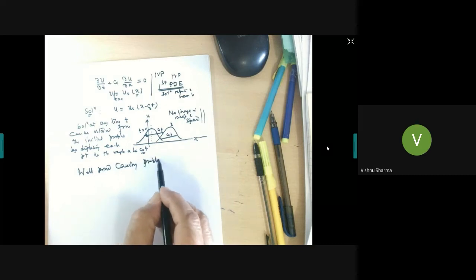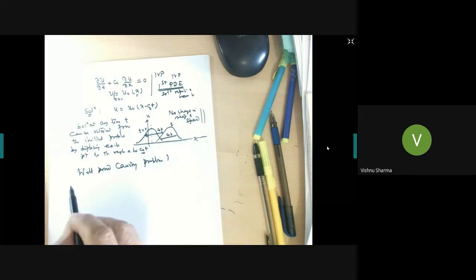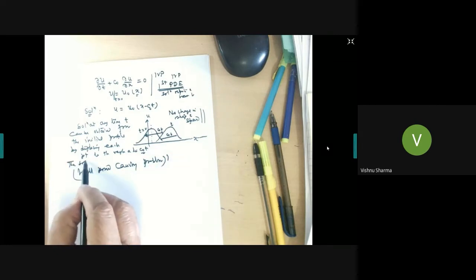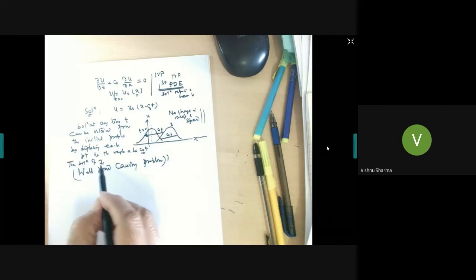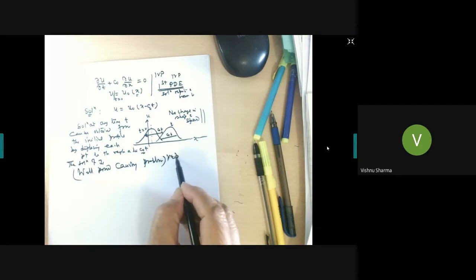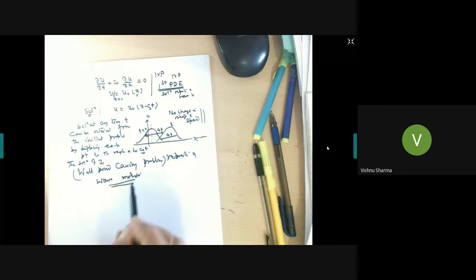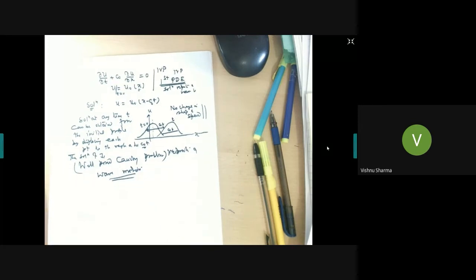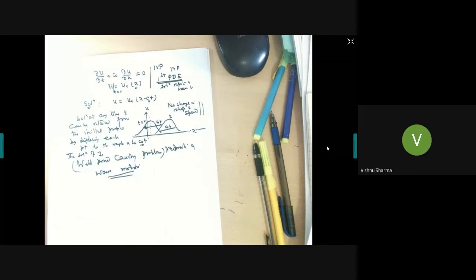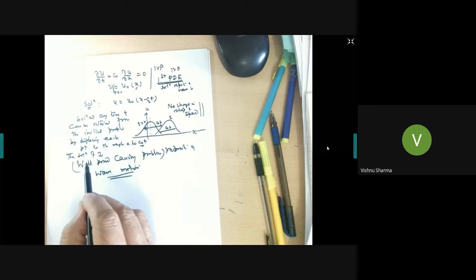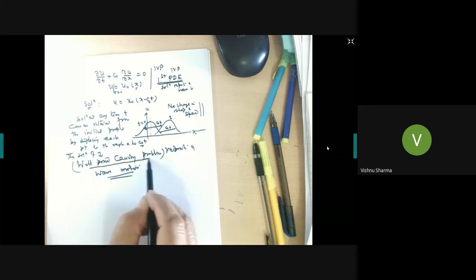Or I would say, the solution of a well posed Cauchy problem represents a wave motion. It represents a wave. So a very important result, I mean, the solution of a well-posed Cauchy problem represents a wave motion.